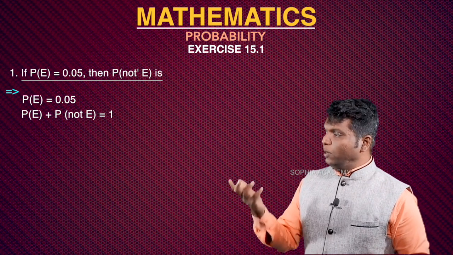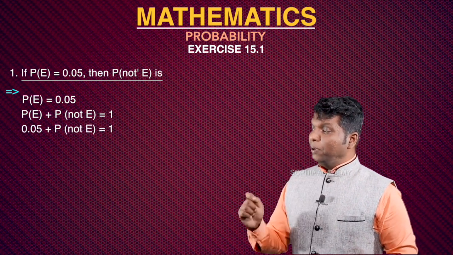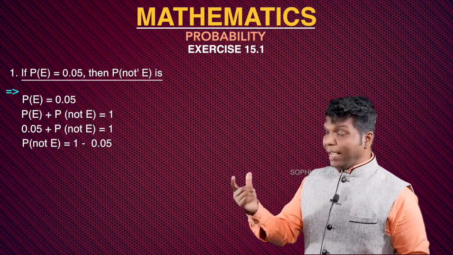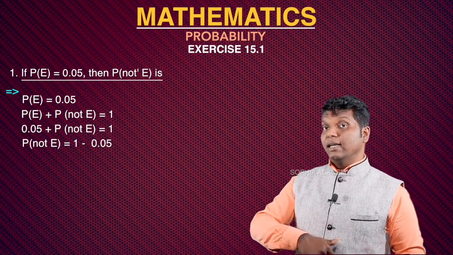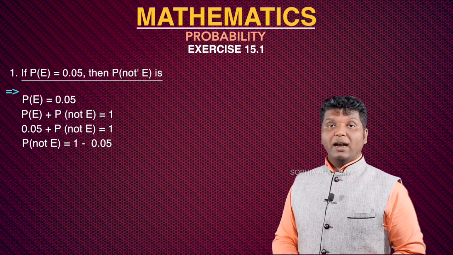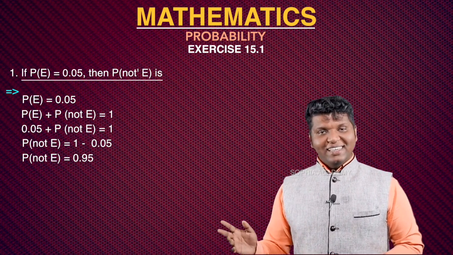When you substitute the value, you will get 0.05 plus P of not E is equal to 1. That is, P of not E is equal to, taking this 0.05 to the right hand side, it will become 1 minus 0.05, and the final answer will be 0.95. Isn't it easy?